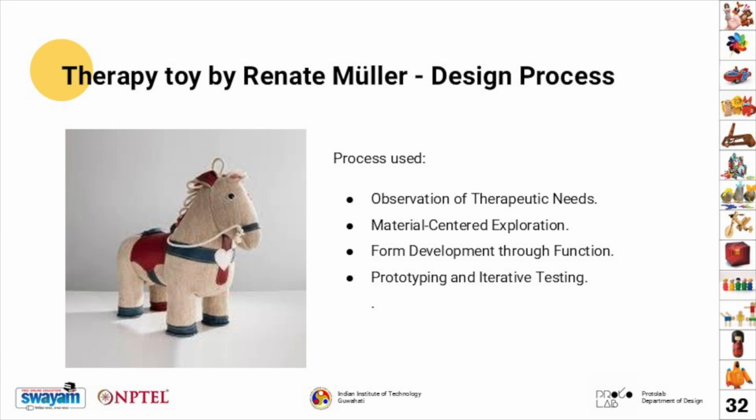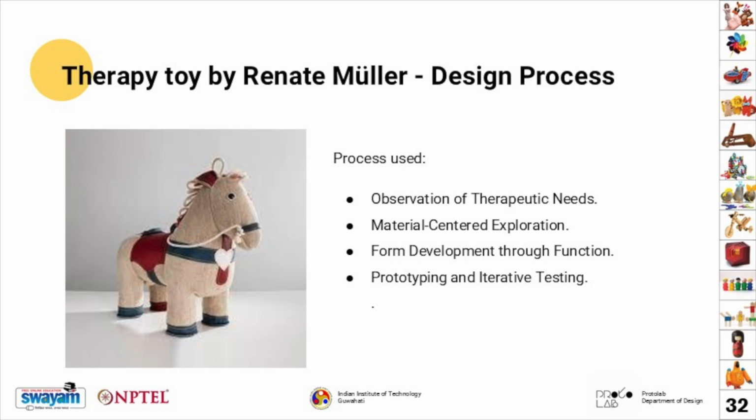Some of the materials explored are jute and natural fibers, textiles, their durability, suitability for soft but structured forms, and tactile surfaces. And these choices of material were critical because therapy toys must stimulate sensory engagement, be safe and non-toxic, and withstand intense physical interaction.